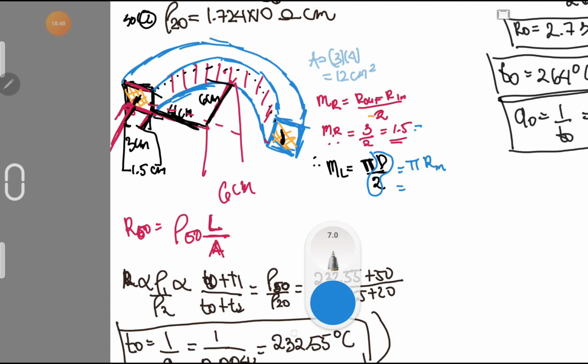So yung r median natin is equal to 6 plus 1.5, or it is from inner radius plus our median radius, okay, which is equal to 1.5 plus 6. So we have 7.5. So from this we'll have a value of 7.5 multiplied by pi as our ml, or the median length.